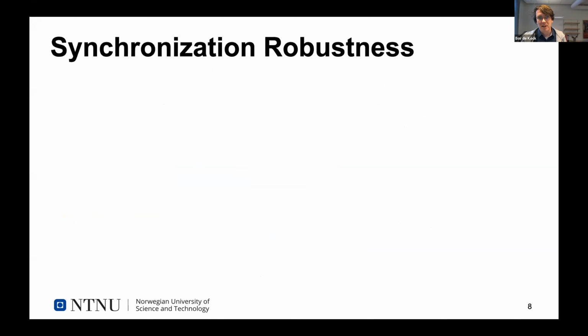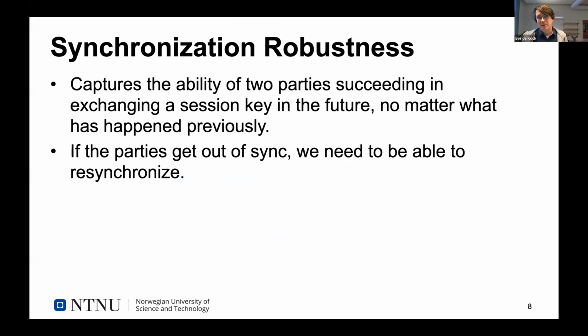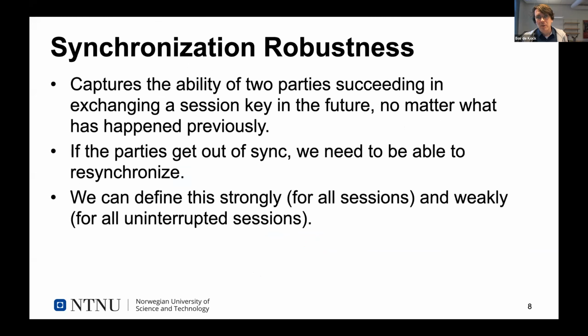And there is the property synchronization robustness, which captures the ability of two parties to succeed in exchanging a session key in the future, no matter what has happened in the past. We also show that if the parties get out of sync, then we can resynchronize. And we can define this in a strong and in a weak way. Strong synchronization robustness will mean that all sessions will always terminate successfully, while weak synchronization robustness will mean that all uninterrupted sessions will always terminate successfully.